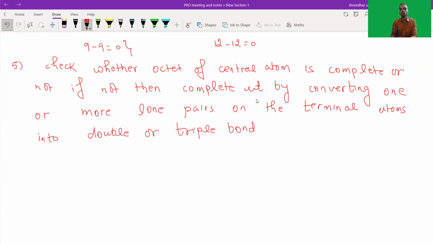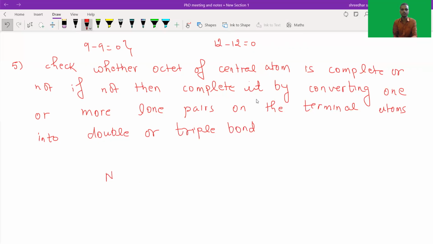So now what you have to do, you have to check whether the octet of the central atom is complete or not. And if it is not complete, then you have to complete it by converting the lone pair present on the terminal atom into a double or triple bond.